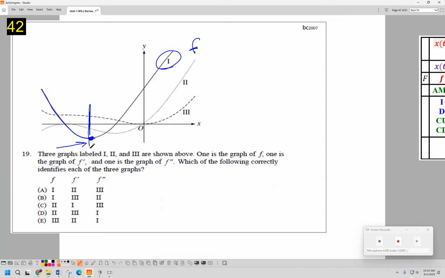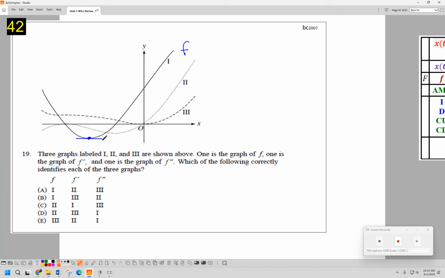Now, that means that the graph of F prime should have something happening at that spot as well. So if this is F, and F has a slope of 0 right there, which it does, that would be a critical point on F. But that would mean that the corresponding F prime graph would have something different happening at that same x coordinate.